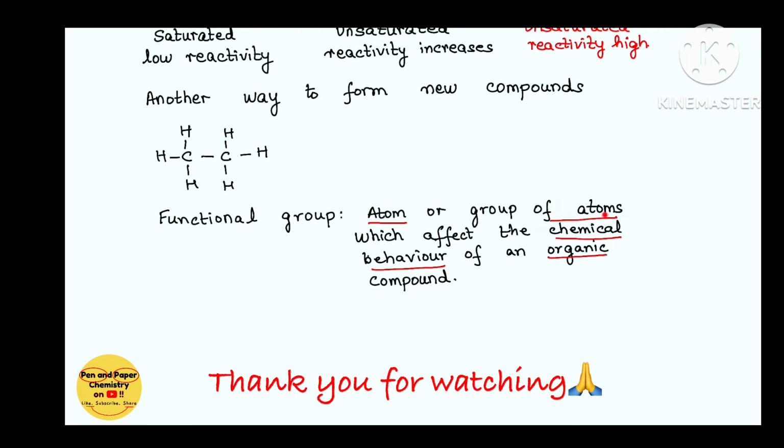If you miss out, for example, if I just say atoms or group which affect the chemical behavior of, let's say I don't write organic as well. Look at the meaning, it changes. Atom or group, what do you mean by group? Which affect the chemical behavior of a compound. So do I mean to say I'm talking about MgCl2? Because this is also an atom, magnesium, chlorine, right?